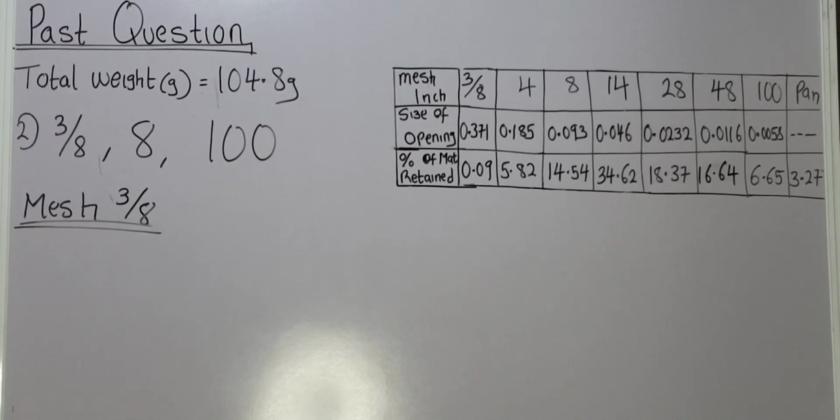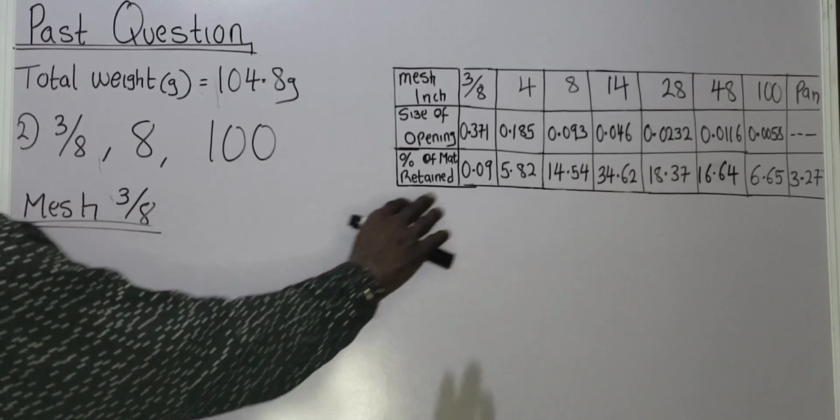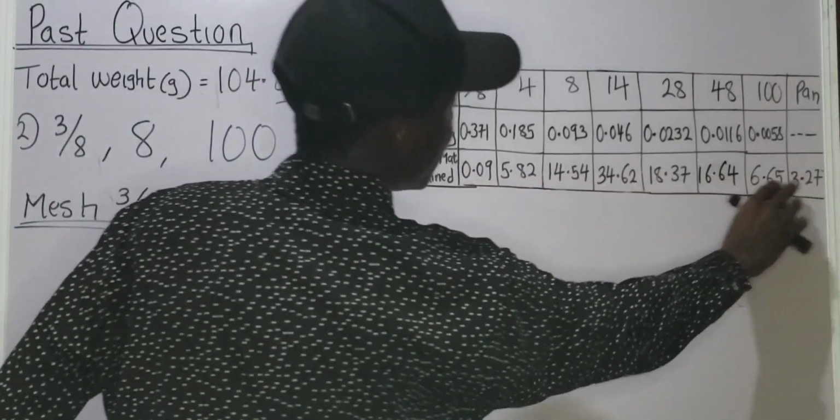Therefore, all the remaining percentage pass through mesh 3/8. Do you understand?